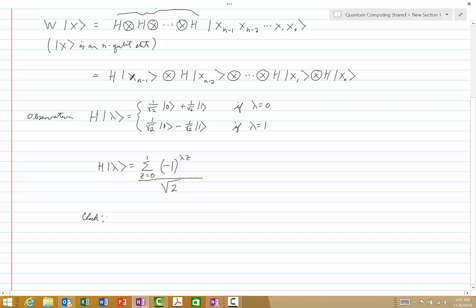Well, in the case lambda equals 0, this formula gives H of 0 equals the sum z equals 0 to 1 of negative 1, and then since lambda is equal to 0, this lambda z term in the top just becomes 0 over square root of 2.